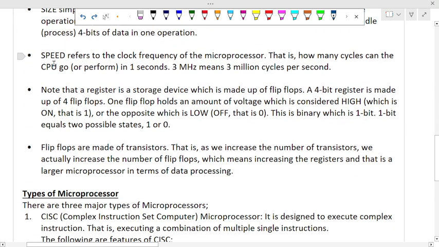Then when we say speed, it refers to the clock frequency of the microprocessor. That is, how many cycles can the CPU perform in 1 second. So 3 megahertz means 3 million cycles per second.